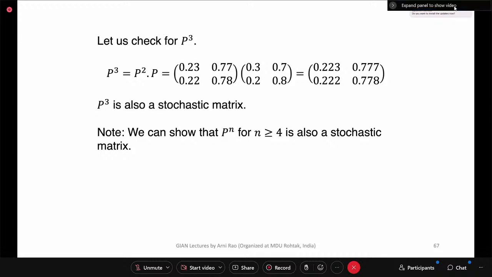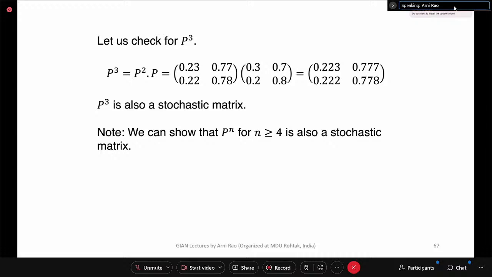So we learned the notation Pij, and using the notation Pij, we also defined what a stochastic matrix is. The transition matrix is a stochastic matrix only if the row sums are 1 for each row, or if the column sums are 1 for each column.